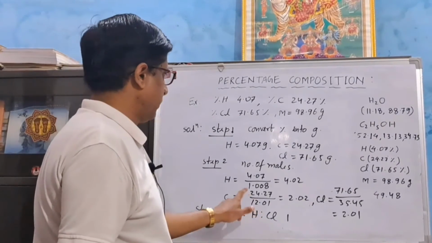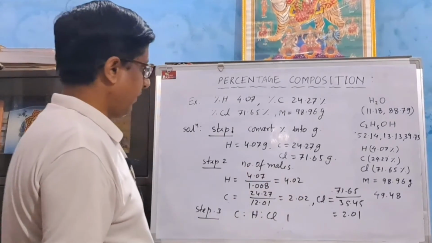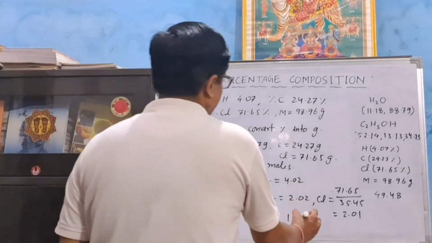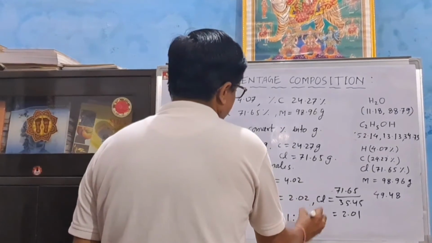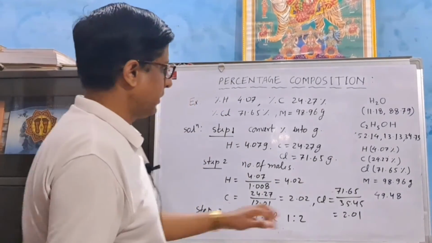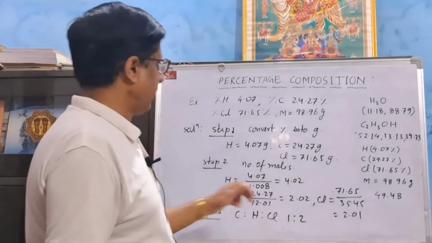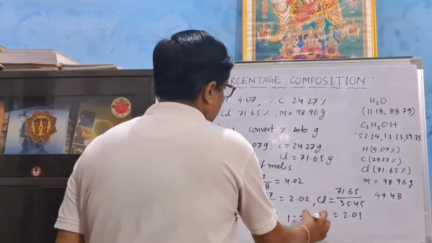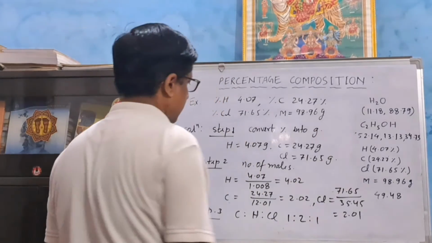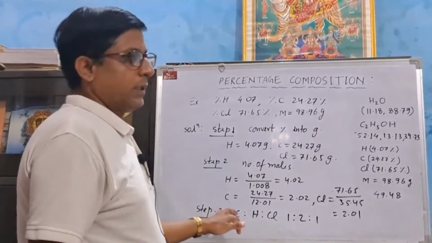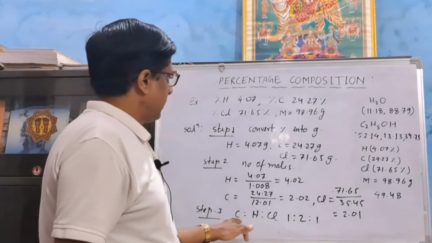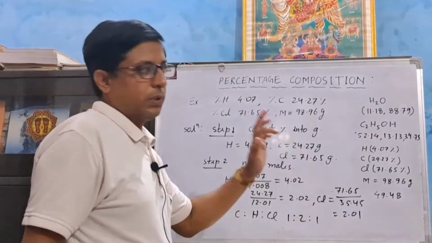Similarly, in case of hydrogen, 4.02 divided by 2.02, it comes out to be 2. And in case of chlorine, 2.01 divided by 2.02, it comes out to be 1. Therefore, the simplest ratio is 1:2:1.